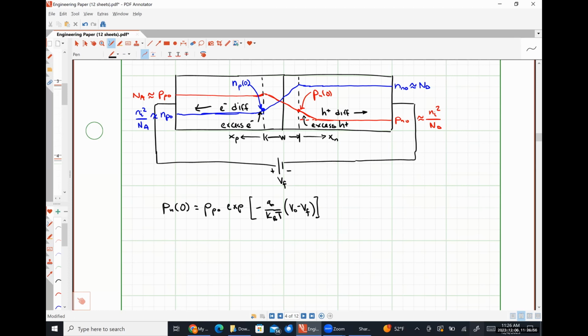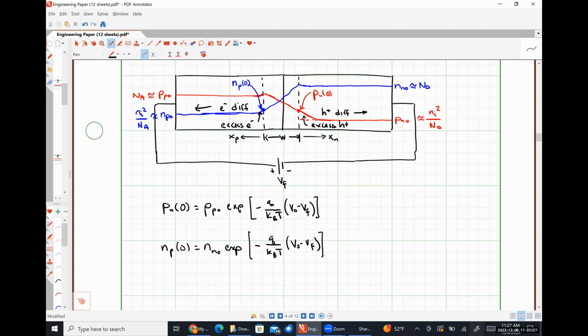We can write something similar for electrons diffusing to the p side of the crystal. So that's going to be n naught times exp negative q over kBT times (V naught minus Vf).